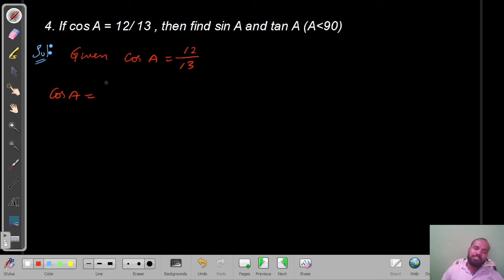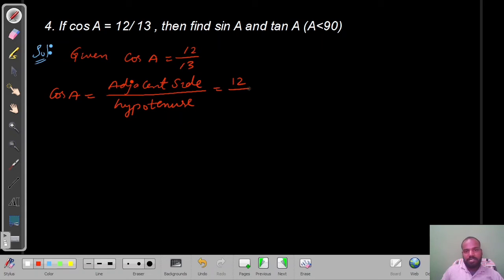Cos A formula is what? Adjacent side by hypotenuse. Yes or no? Yes. So adjacent is what here? 12 centimeters. Hypotenuse is what here? 13 centimeters. Okay, clear?